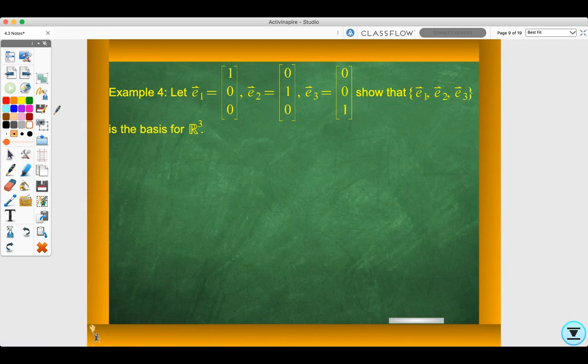So let's look at example 4. Let e1 equal 1, 0, 0, e2 be 0, 1, 0, and e3 be 0, 0, 1. Show that e1, e2, e3 is a basis for R3.